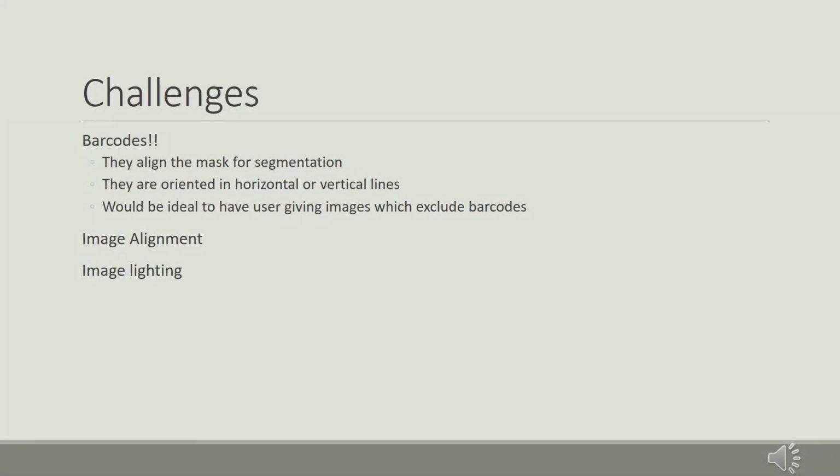But when the nutrition fact picture also has a barcode in it, the barcode sometimes has more horizontal or vertical lines than the nutrition fact. In that case, when we do the clustering filter, the algorithm considers the barcode as the bigger cluster, and it preserves that and gets rid of all the nutrition fact lines which we do not want. We will see one such example when we see the demo, but yes, barcodes do create a lot of problems.